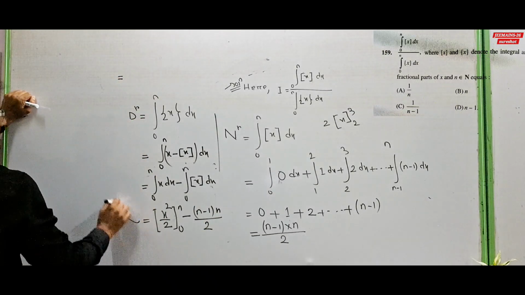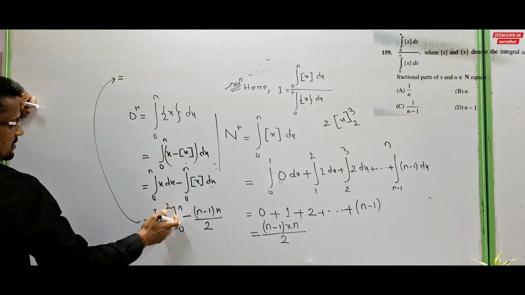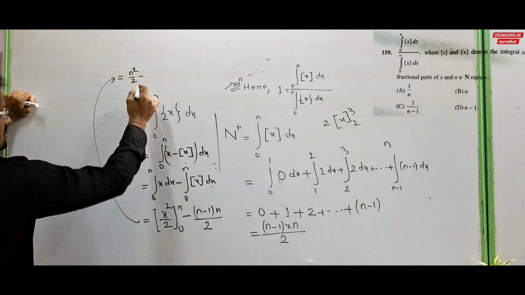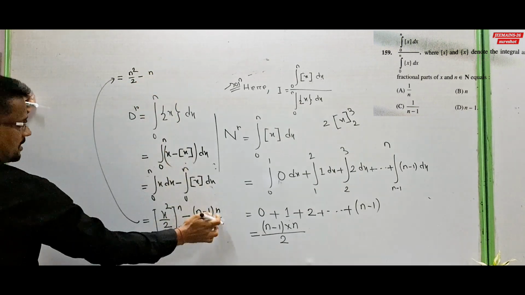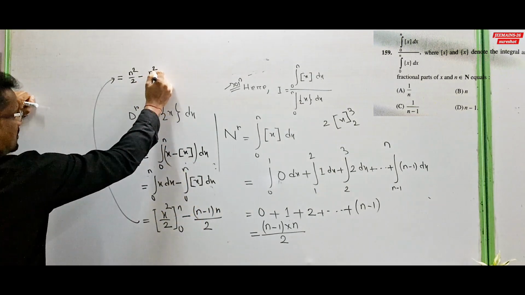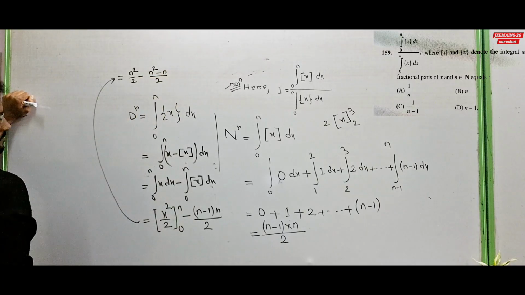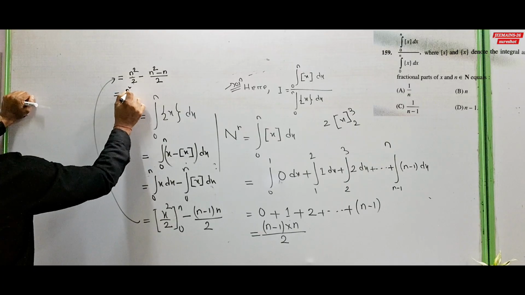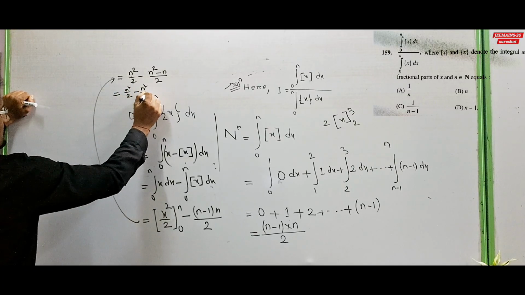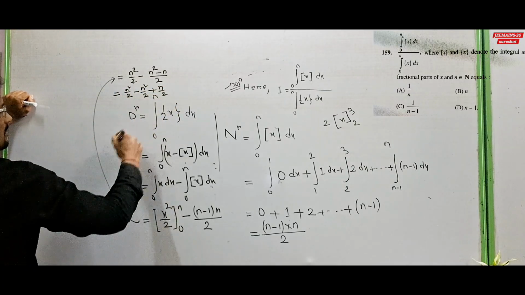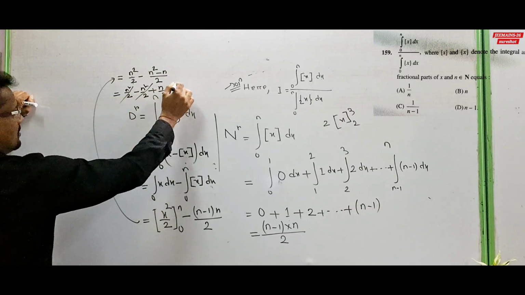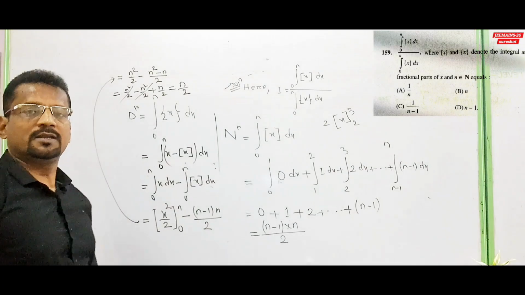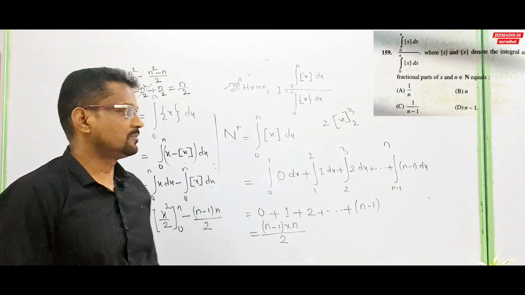This is equal to n square by 2 minus 0, just n square by 2, minus (n square minus n) divided by 2. If you simplify, n square by 2 minus n square by 2 plus n by 2 is coming; these two cancel out, and only n by 2 is left. So the denominator we have calculated as n by 2.